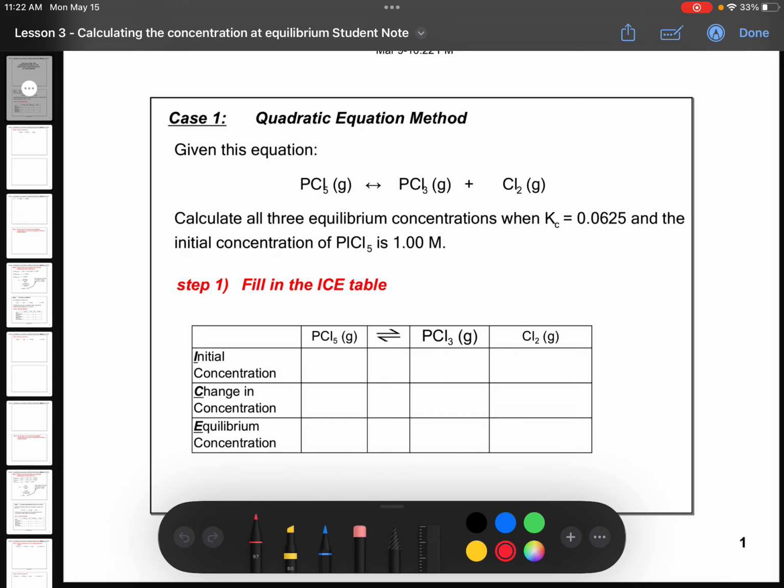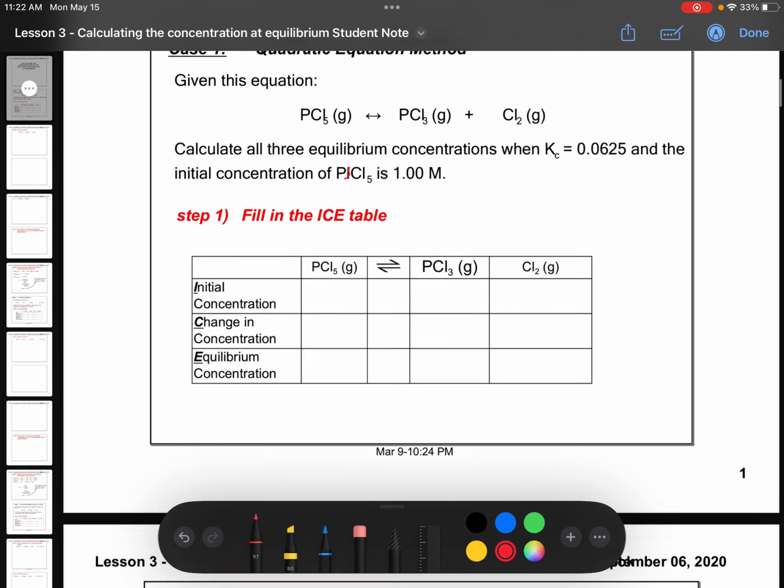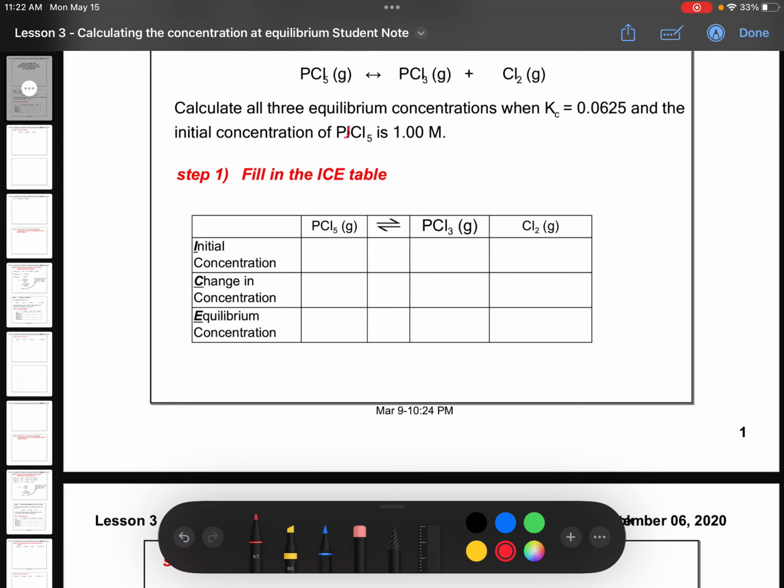And so in this question here, it says, given this equation, calculate the three equilibrium concentrations when Kc is 0.0625 and the initial concentration of PCl5 is 1 mole. So our first step always is to fill in the ice table. So given our information, we can fill this in.